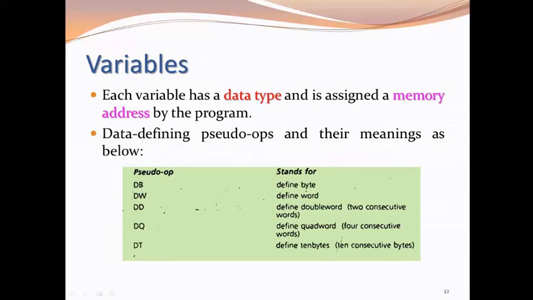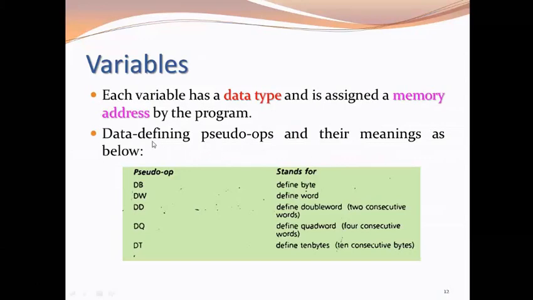Here you can see this is define byte. It's a kind of pseudo op. Whenever the assembler sees this define byte, it understands that you are going to allocate some memory from that portion.